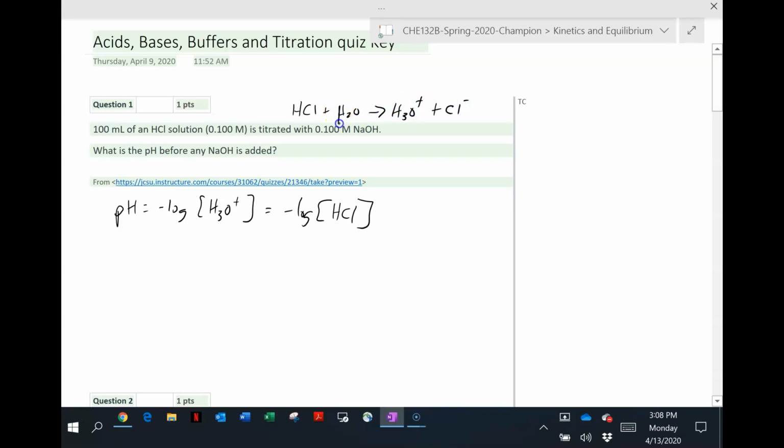That's a one-way arrow, not a two-way arrow. So we're going to say negative log of 0.100. The log of 0.1 is -1, so the pH is going to be 1.00 in this case.